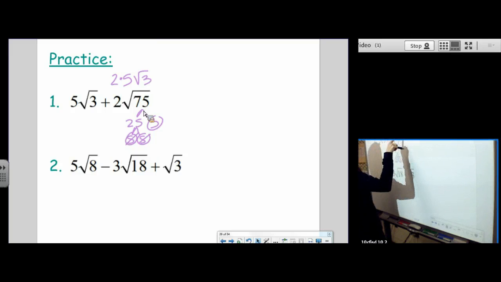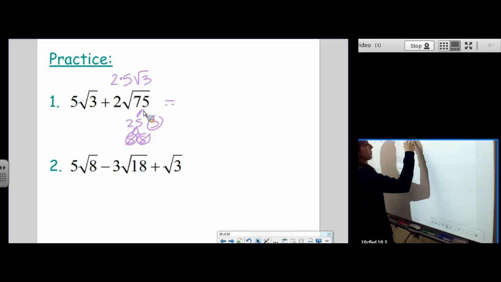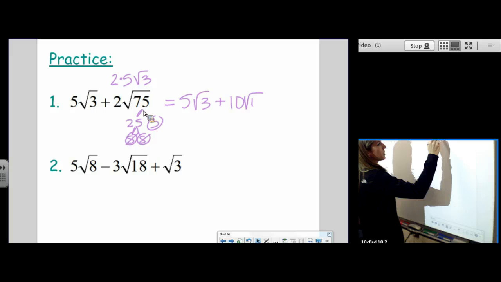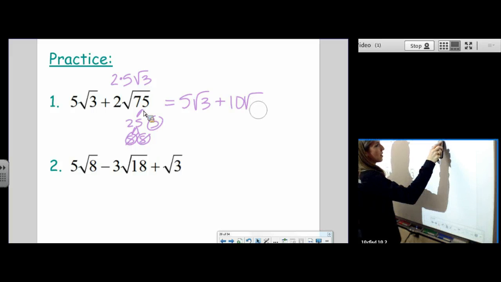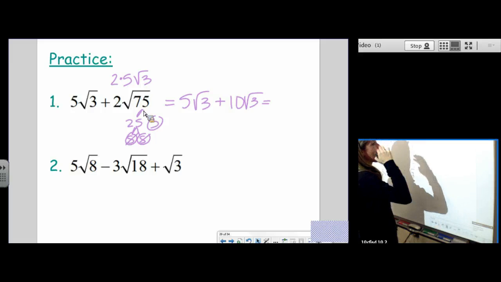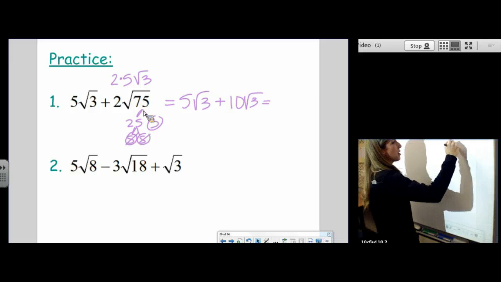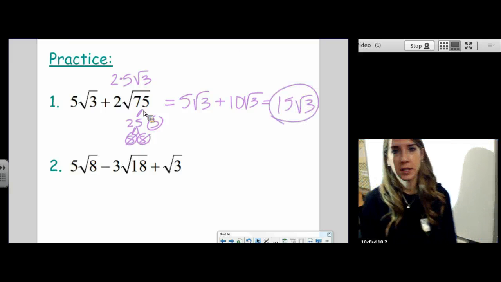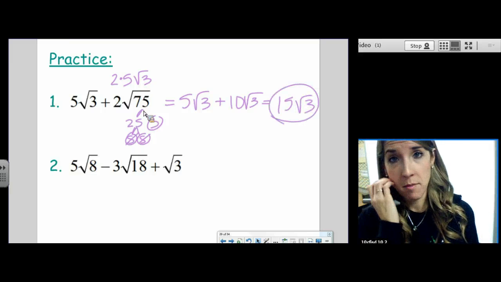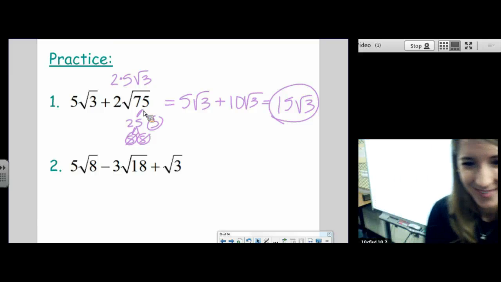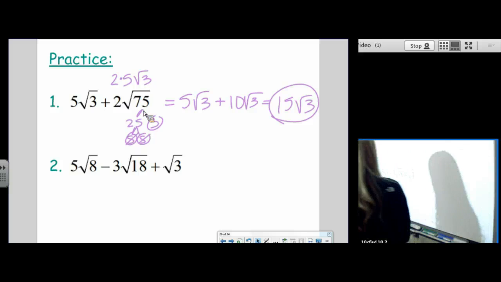So this is 10 root 3. So this is really saying 5 root 3 plus, we simplified it, plus 10 root 3. I have 5 root 3's, I have 10 root 3's, and total I have 15 root 3's. So sometimes you will need to simplify one of them before you can decide if they are addable or not addable. Able to be added or not able to be added.